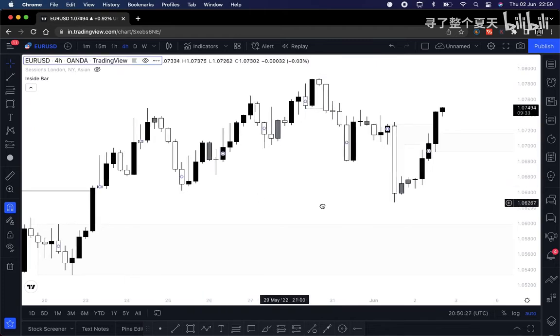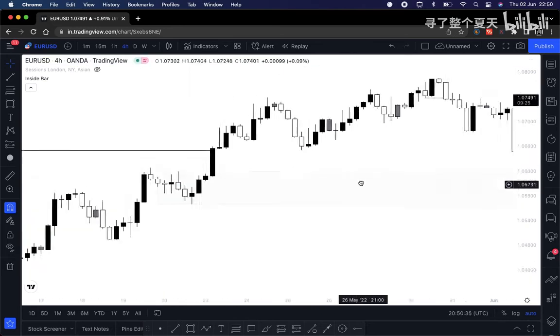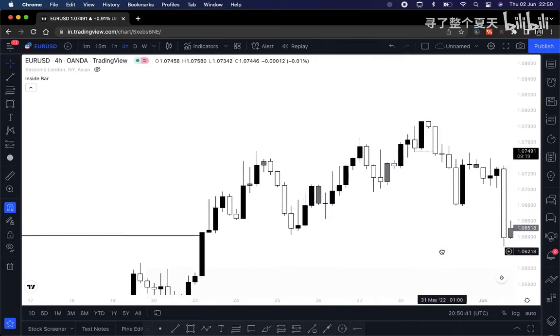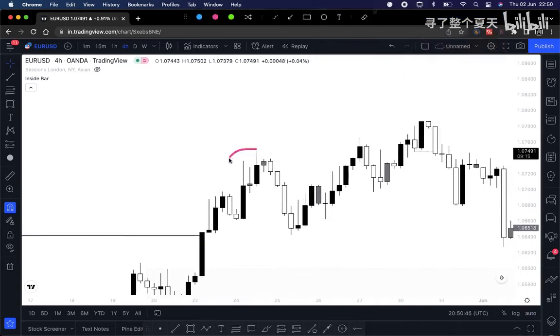Even here, as you can see, we have an internal shift. Do you see the internal shift here? Let me just zoom in. Around this area here, are you guys able to spot the internal shift?